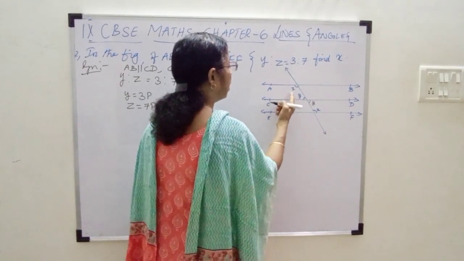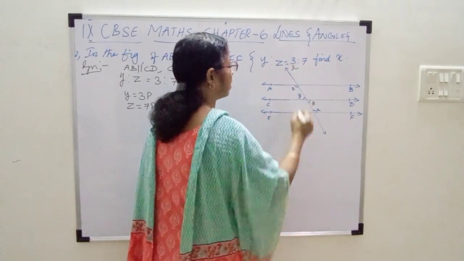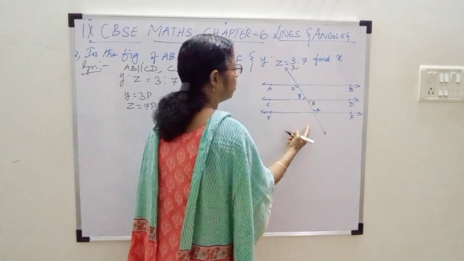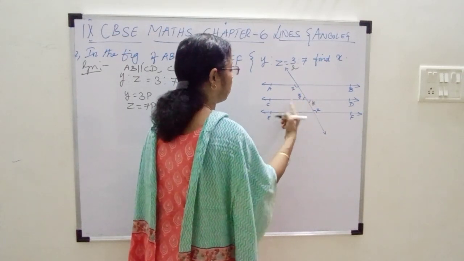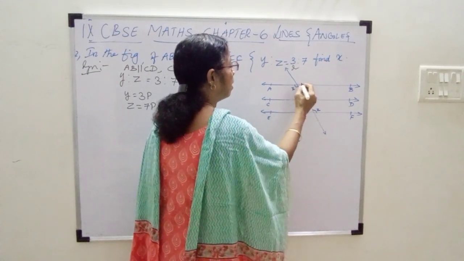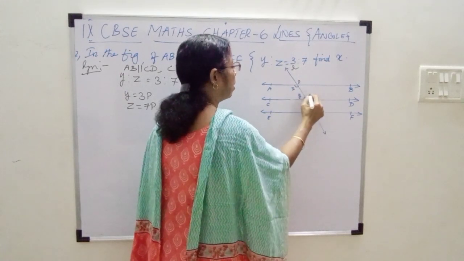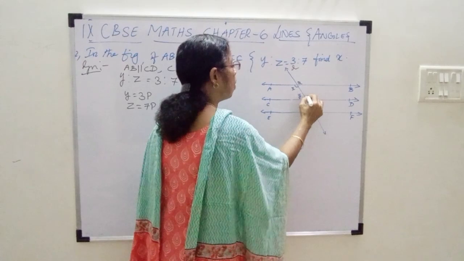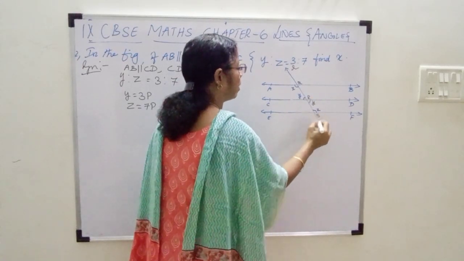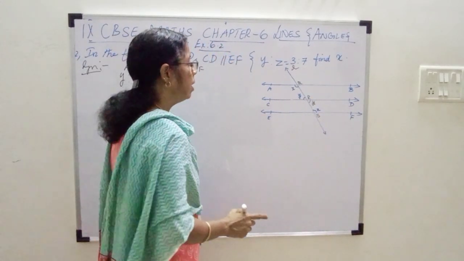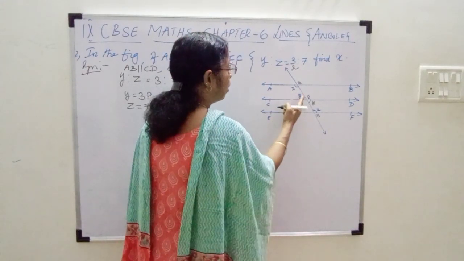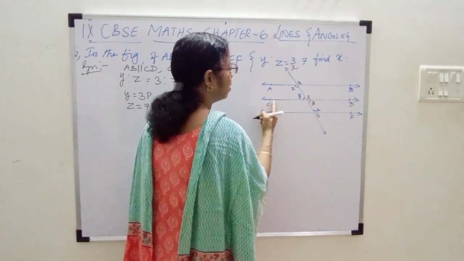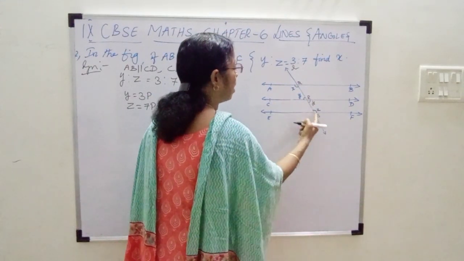We'll take this transversal as L and let it meet these 3 parallel lines at A, B, C, D, E, F. Then let us take the points Q, R, S. Now, angle QRC is equal to angle DRY.